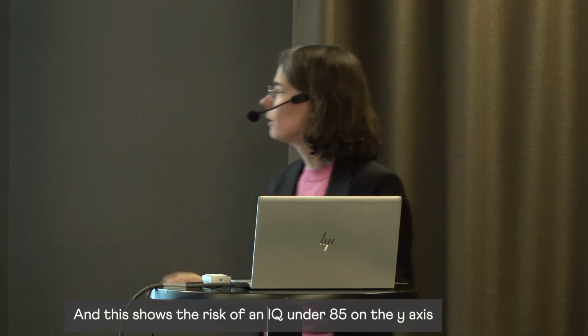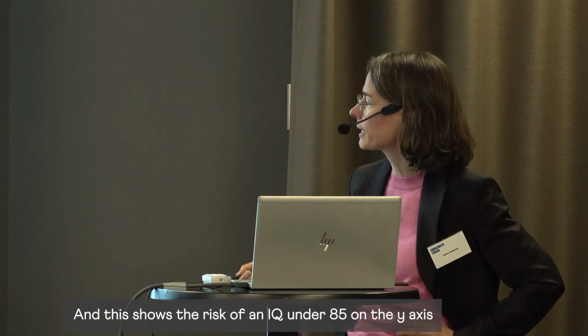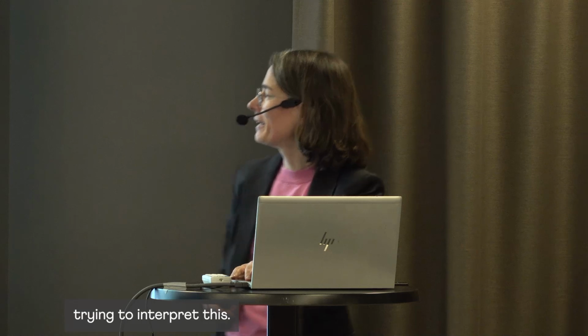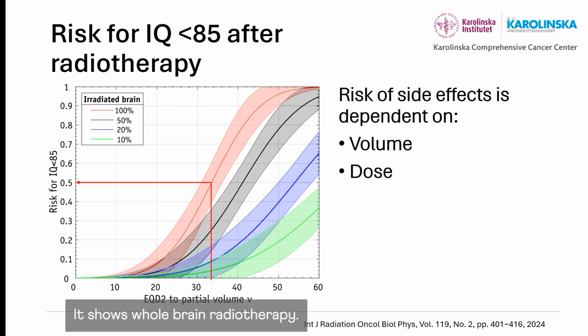And this shows the risk of an IQ under 85 on the y-axis and dose on the x-axis. Trying to interpret this, this is an example. Starting with this red graph, it shows whole brain radiotherapy.